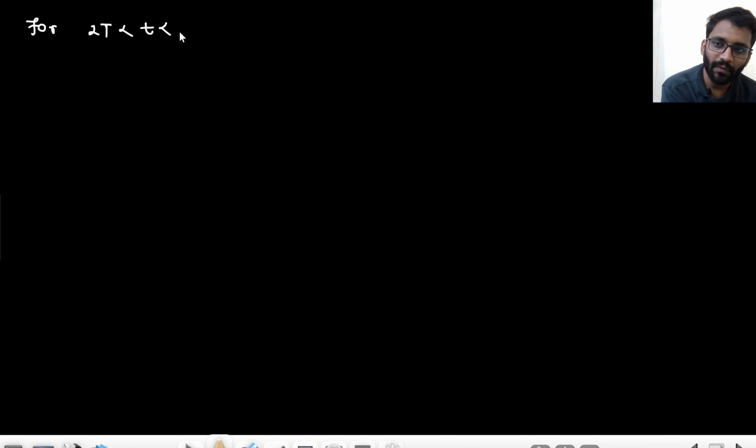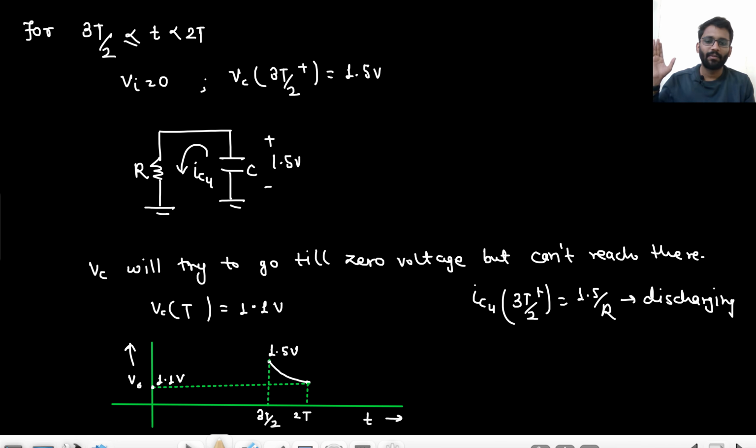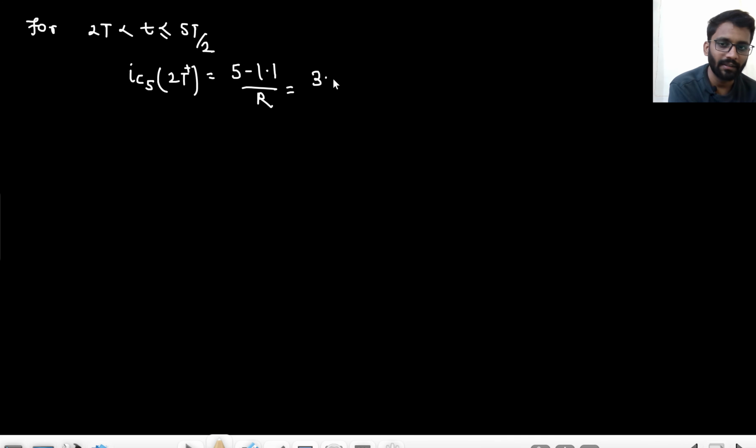Now for the further cycle, for 2t to 5t by 2, what will happen? What will be the value of the charging current? It will be 5 minus 1.1 by R, right? Because here I have 5 volt and here I have 1.1 volt. So the charging current would be 3.9 by R, right? From 1.1 it is getting charged.